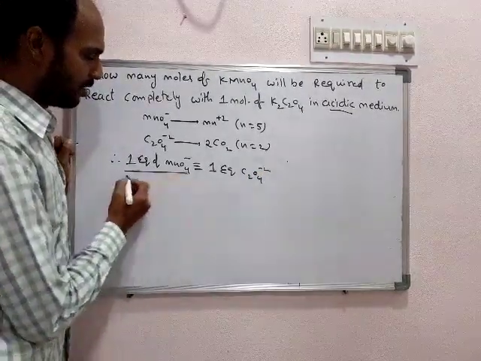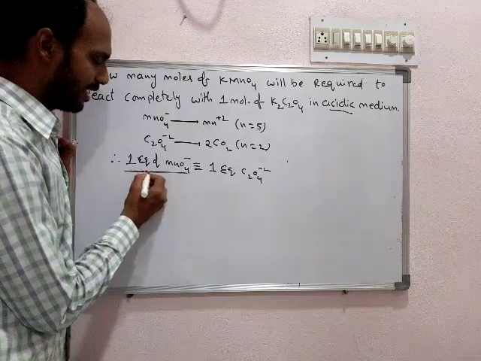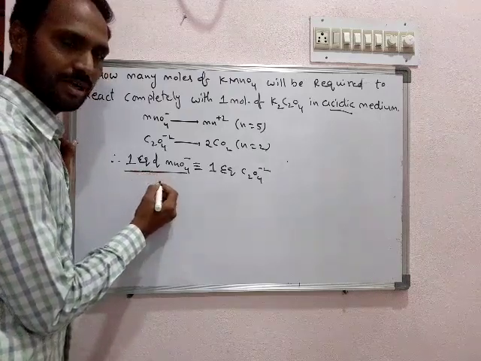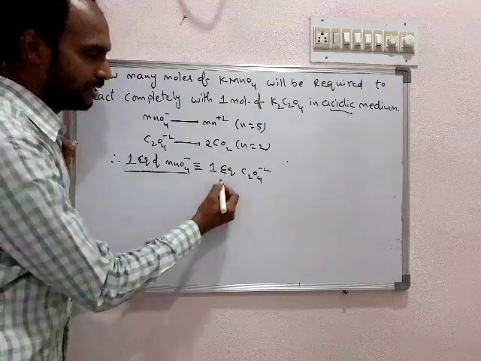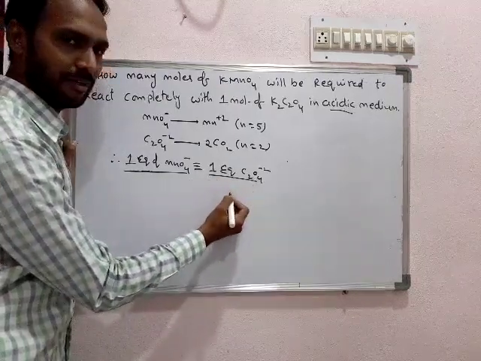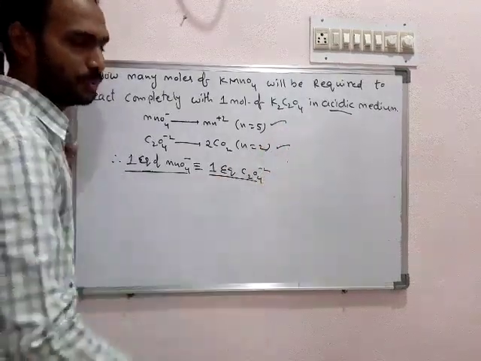Equivalents means weight by gram equivalent weight. Here the n factor is 5 for permanganate, and here the n factor is 2 for oxalate.